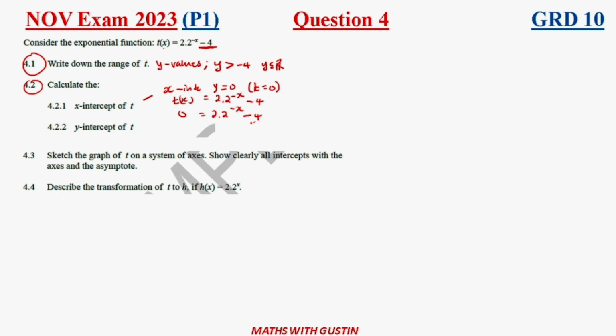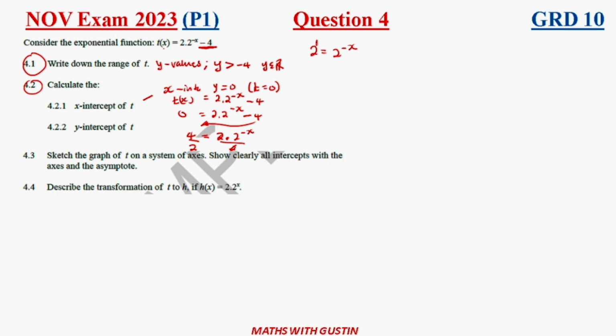Take negative 4 to the other side, and it's going to be positive 4 is equal to 2 times 2 to the negative x. So what do we do? We divide by 2 on both sides, which is going to give us 2 is equal to 2 to the negative x.